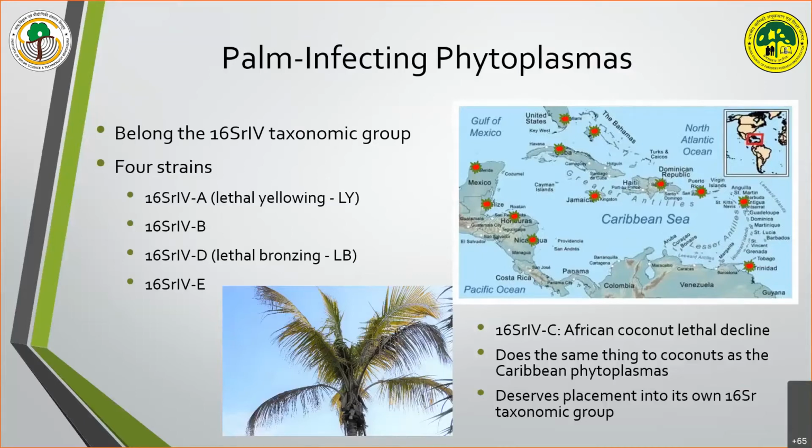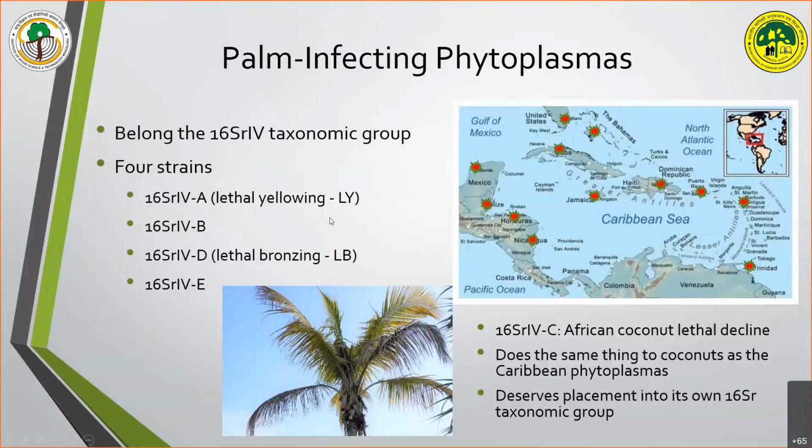And you can see on this map here that this is the geographic range of the group 4 phytoplasmas. Now, each of these marks on the map corresponds to subgroup A infections, but subgroup B is known from Mexico and the Yucatan Peninsula, as well as Honduras.